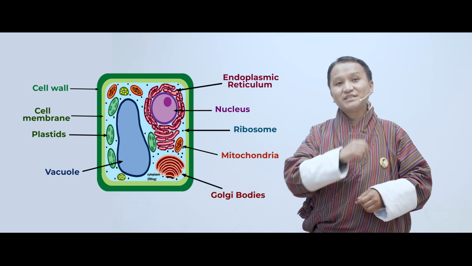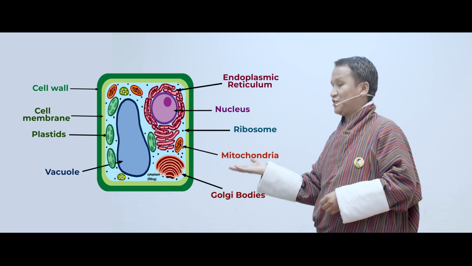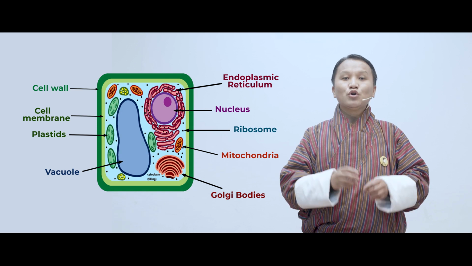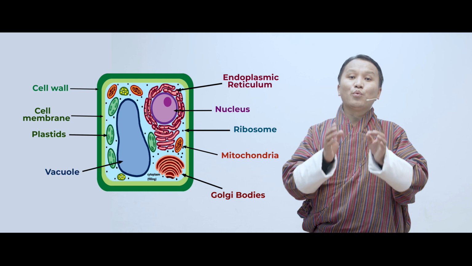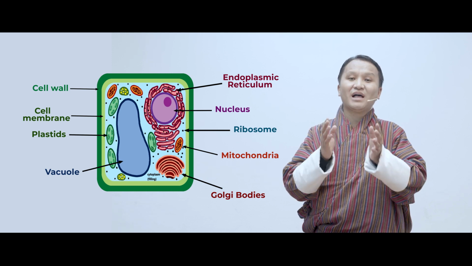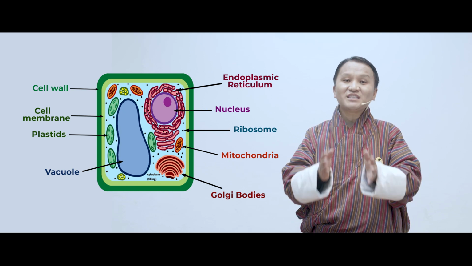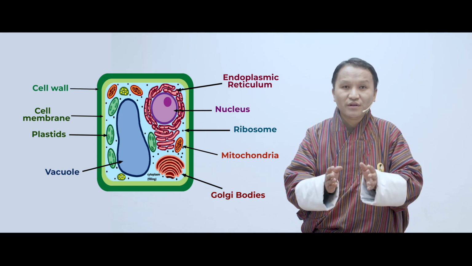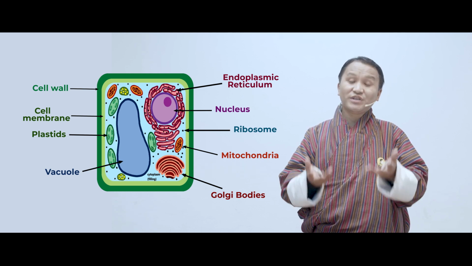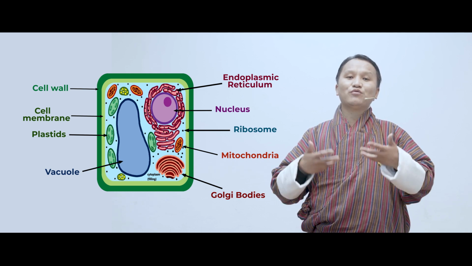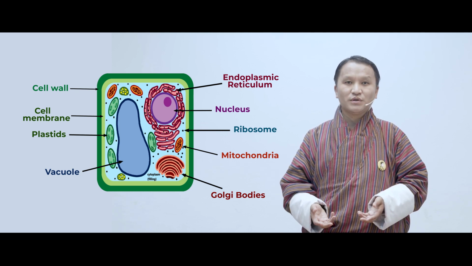But besides that, the plant cell also has plastid. But at this level, you could understand plastid as a pigment which helps the plant in photosynthesis. But this pigment or this organelle is not found in the animal cell. That is the reason why animals cannot photosynthesize or prepare their own food.